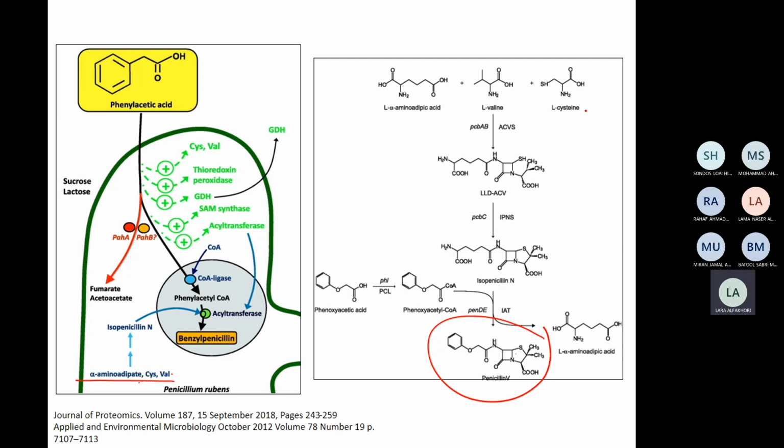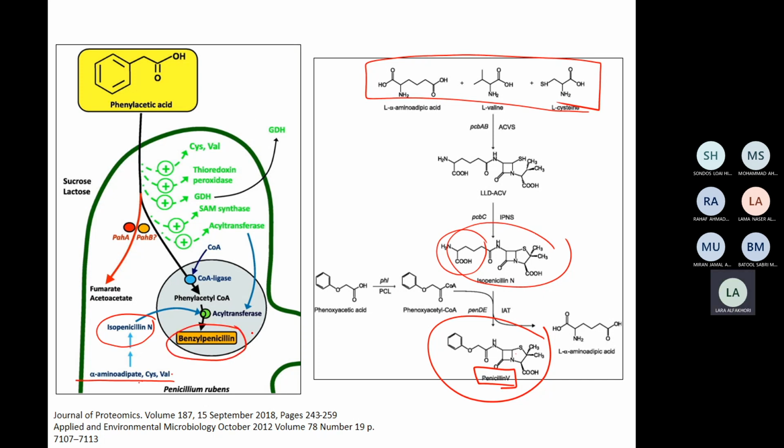Okay? Those amino acids, via the enzymes of the fungi, are converted into what is known as isopenicillin N. Now, isopenicillin N, the side chain that is there is not the one that was isolated. The first isolated penicillins are penicillin V and penicillin G.